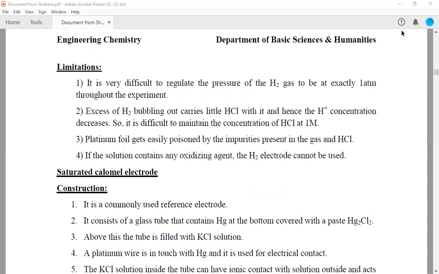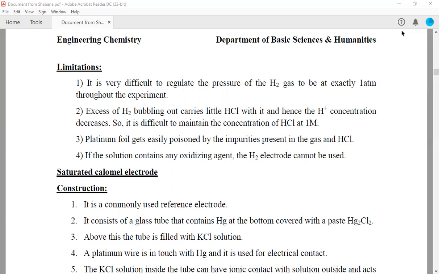Excess H2 bubbling out carries little HCl with it, and hence the H plus concentration decreases. So it is difficult to maintain the HCl concentration at 1 molar.